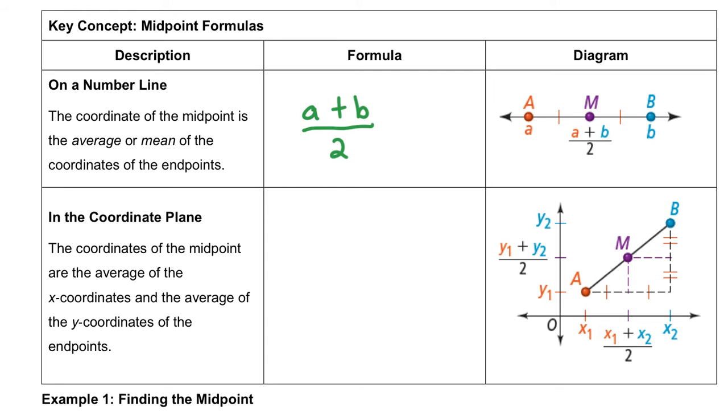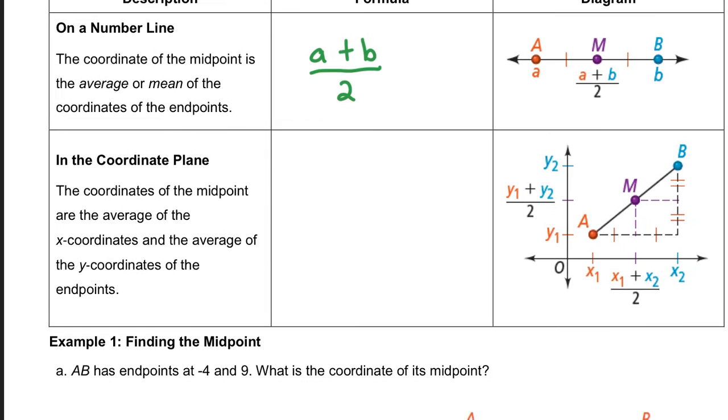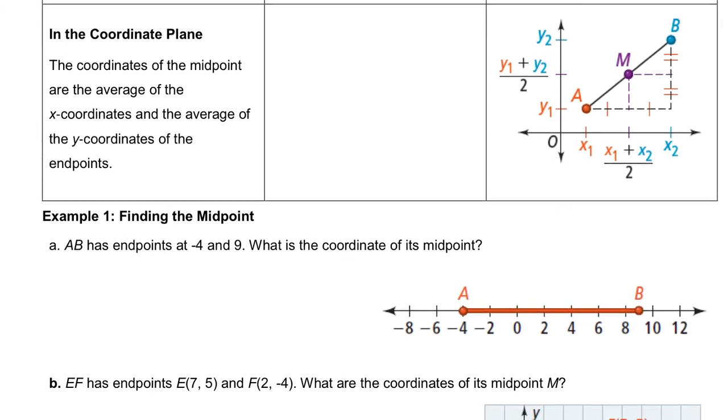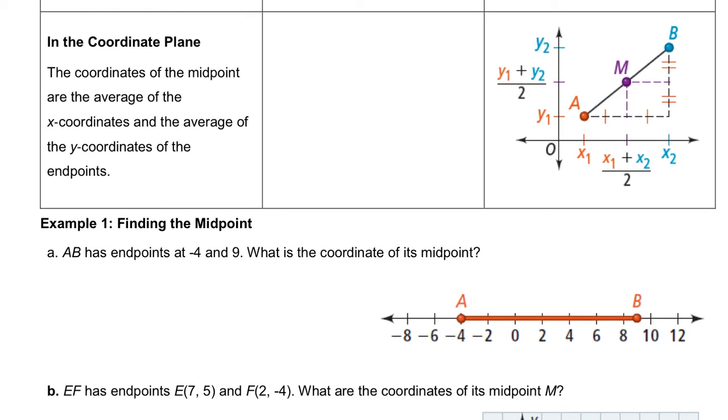Now, the midpoint in the coordinate plane is a little bit different because you have two different xy ordered pairs, all right? So we're finding the average of those two different pieces of the ordered pair. So the coordinates of the midpoint are the average of the x coordinates and the average of the y coordinates.